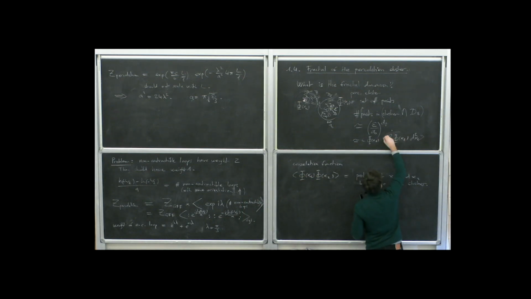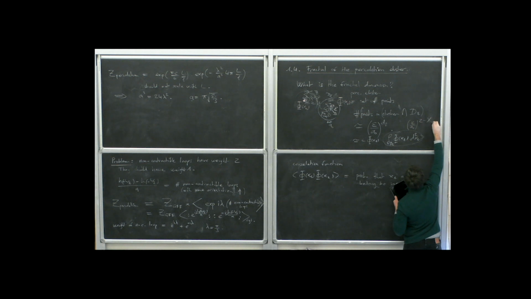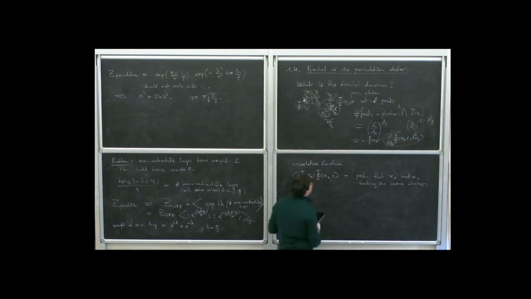But we see just from dimensional analysis that this object should scale as epsilon divided by a naught to the 2, because there's a power 2 here, minus the scaling dimension of phi, which I'm going to write as capital X of phi. Okay?